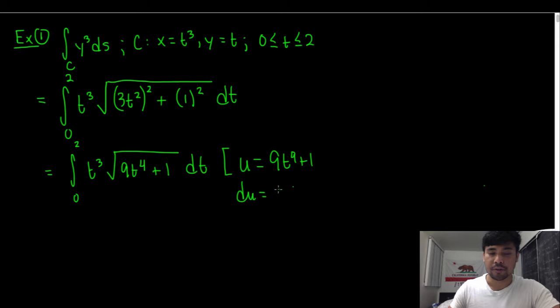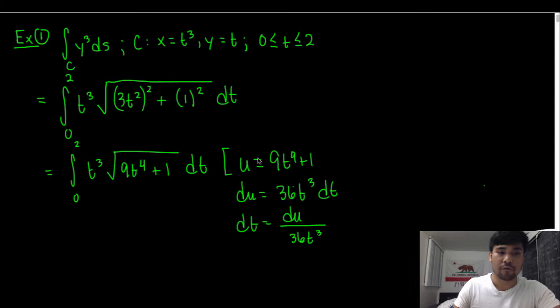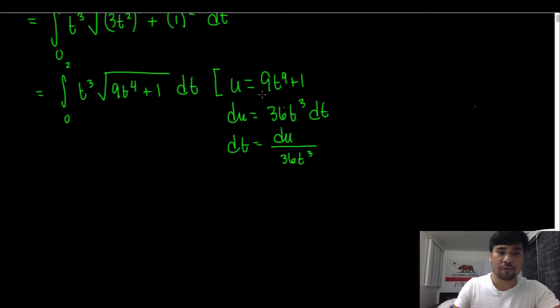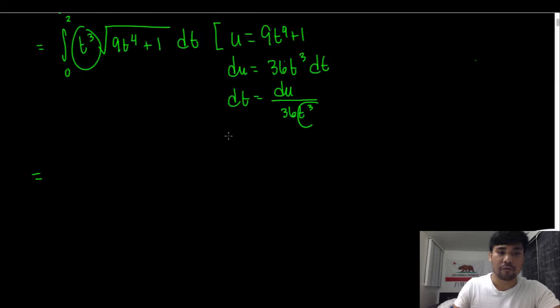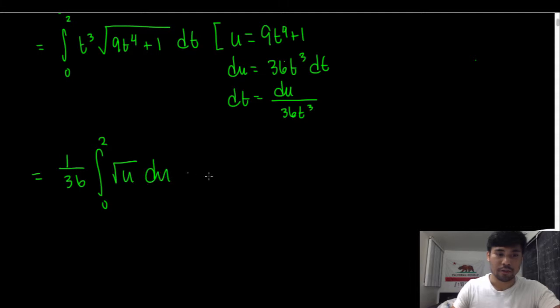So du is 36t cubed dt, so dt equals du over 36t cubed. The t cubed terms cancel each other out, and I'll have a 1 over 36 out front, and the integral of root u du.